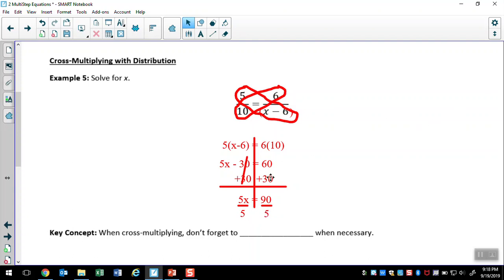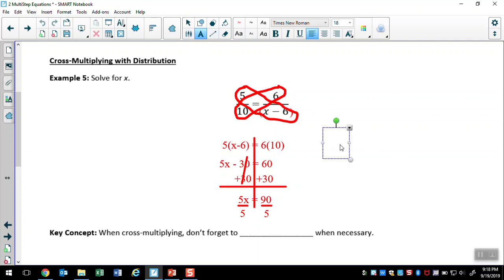Okay, and then we end up with x equals 18.